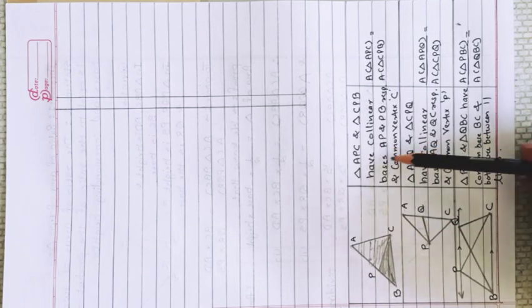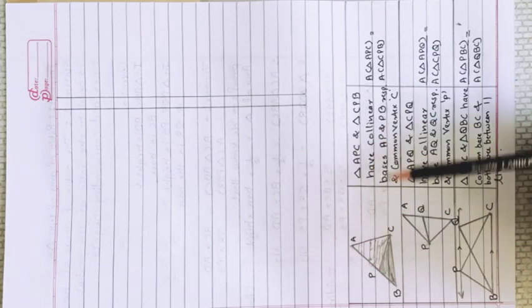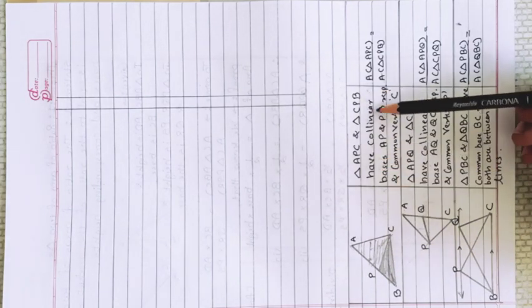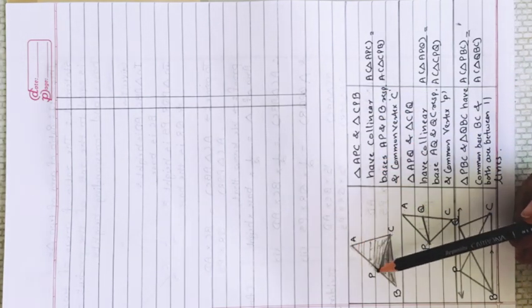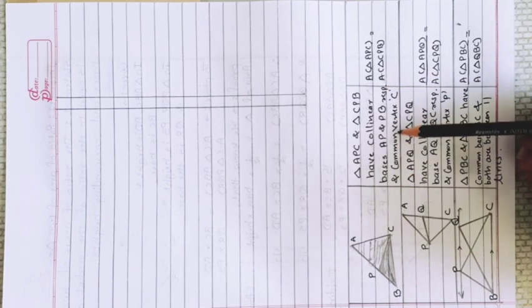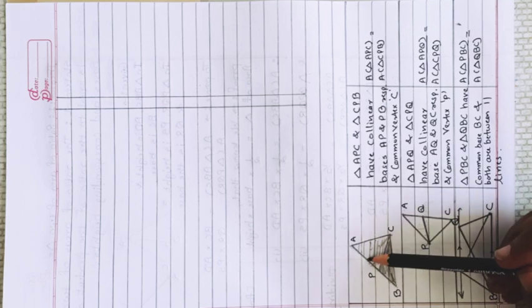So first these two concepts: triangle APC and triangle CPB have collinear bases, AP and PB respectively, and they have a common vertex C. So what is the same? Their height.